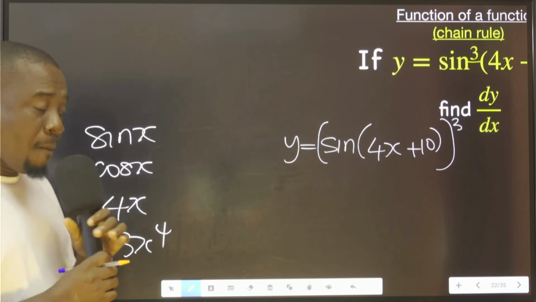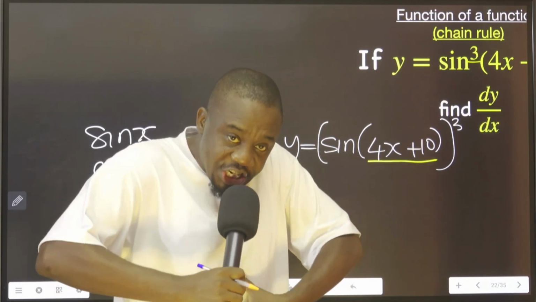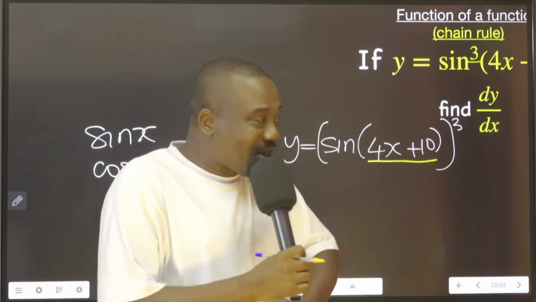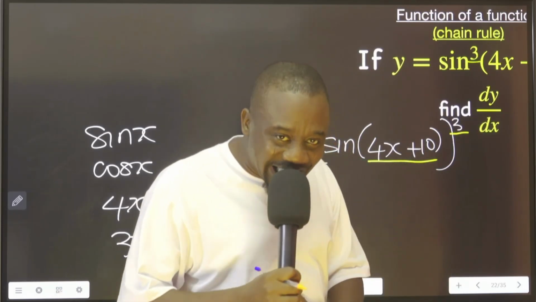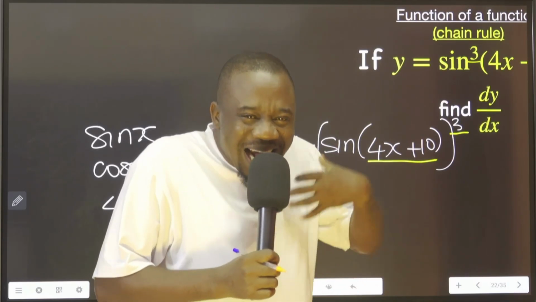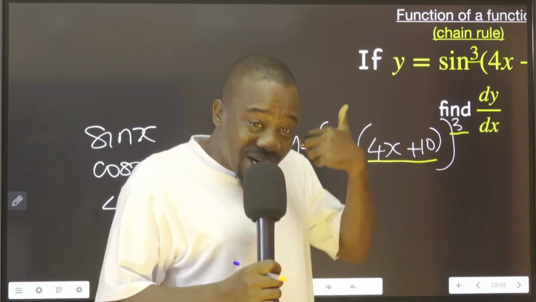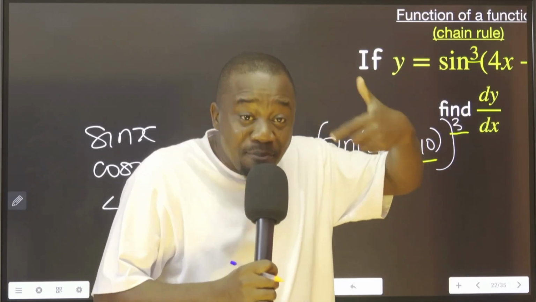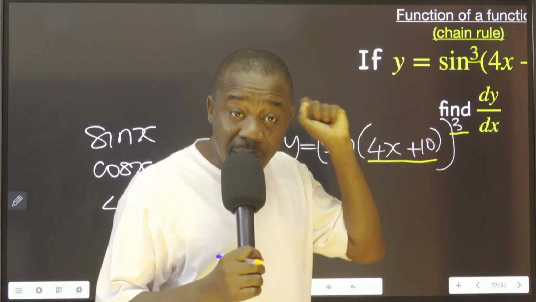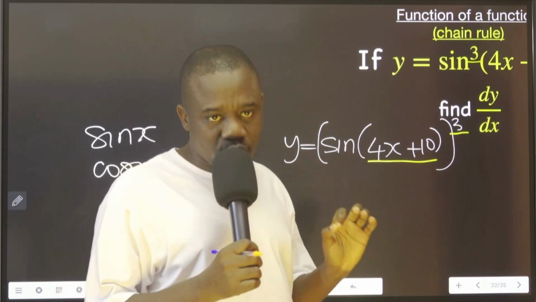But when you have sine with children inside the sine, and another raised to the power of 3, it's like a pregnant woman carrying a baby. You can't. So you have to apply function of a function, that is the chain rule.